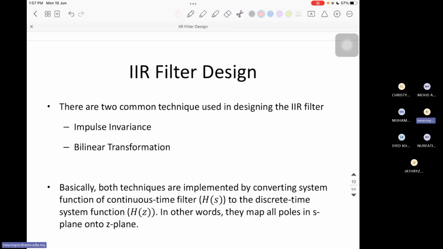One is the impulse invariance and the other one is the bilinear transformation. Both the techniques are implemented by converting the system function of the continuous time filter, that is H of S, to the discrete time system function, that is H of Z. So basically we will map from the S domain to the Z domain.